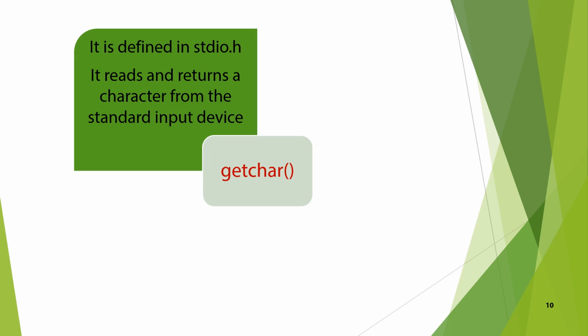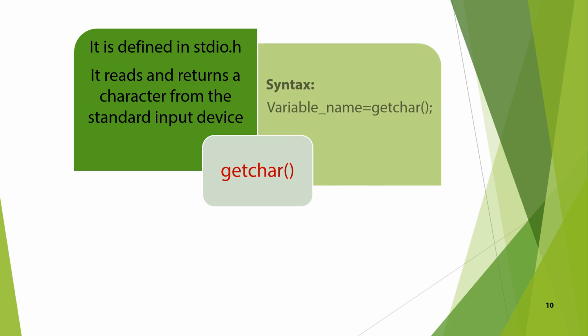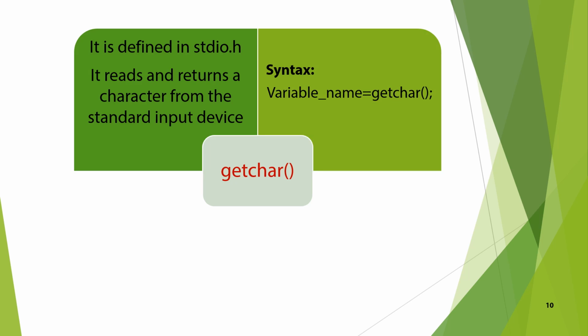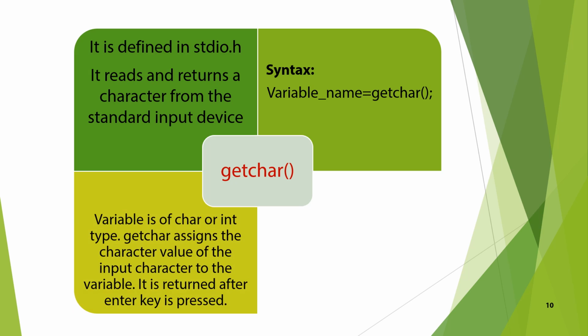This function is defined in the standard input output library, that is stdio.h, and its job is to read a single character and return the character from the standard input device, that is, the keyboard. The syntax is: on the left side write some variable name, then equals, then the function getchar. Now what is the meaning of this?